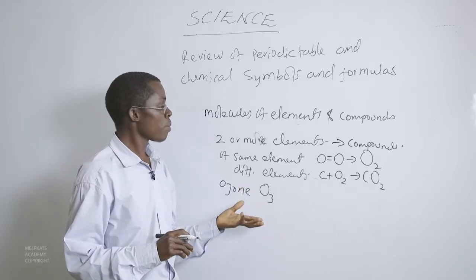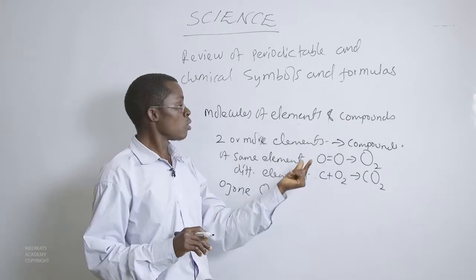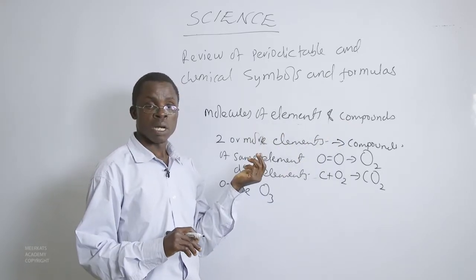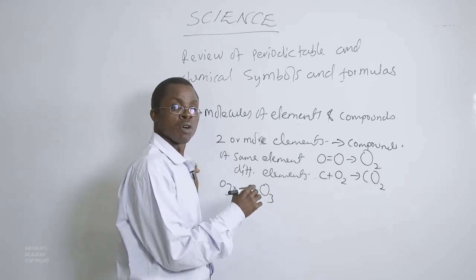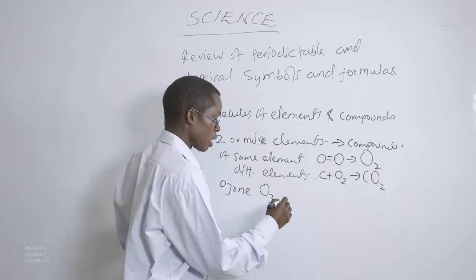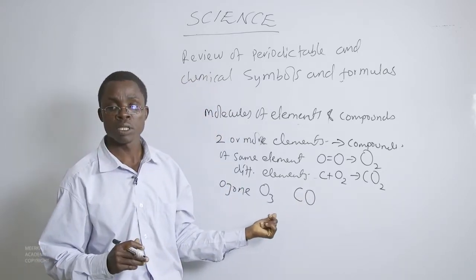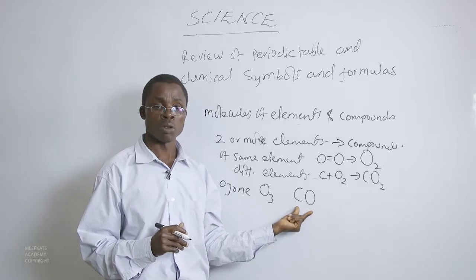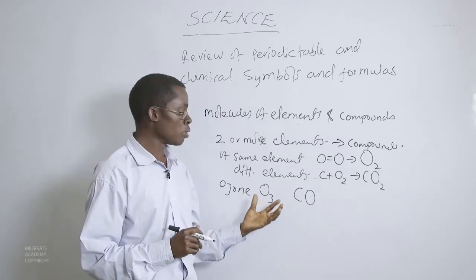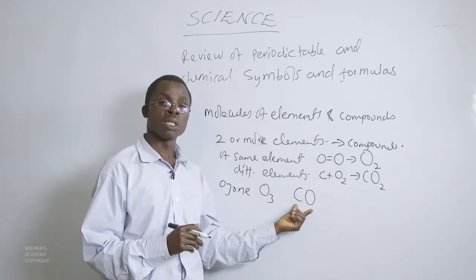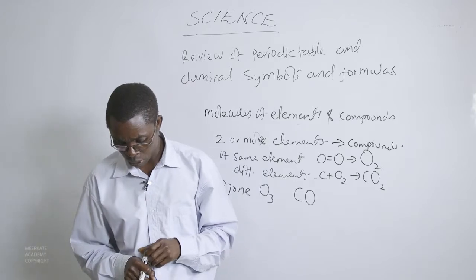But I can have a molecule of a compound that is not of the same element, and it has fewer. For example, carbon monoxide, or carbon II oxide. It has two different elements, but there are only two atoms. Same element, but three. So which one is more? This one is more than this. So the statement does not hold as supposed.